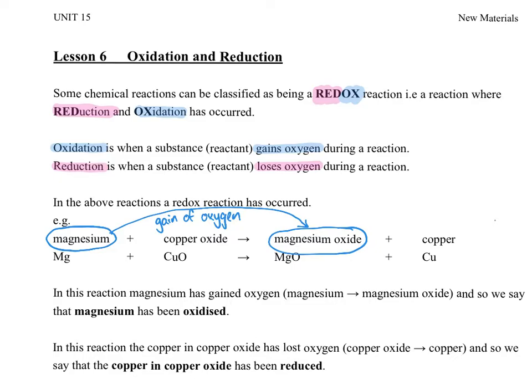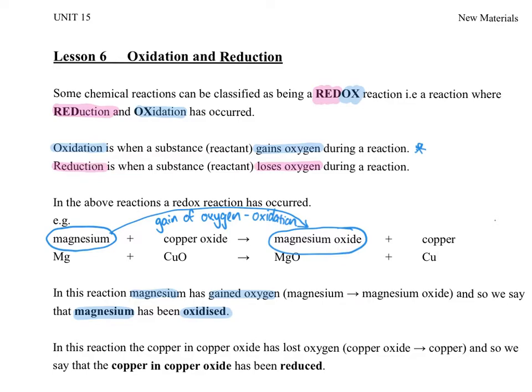Well, if we look at our definitions above, oxidation is the gain of oxygen. And so we say magnesium has been oxidised. It undergoes oxidation. So the process is oxidation, but we say that the magnesium has been oxidised. And you might want to highlight those in the particular colours that you've used for oxidation. So magnesium has gained oxygen, and so we say that magnesium has been oxidised.